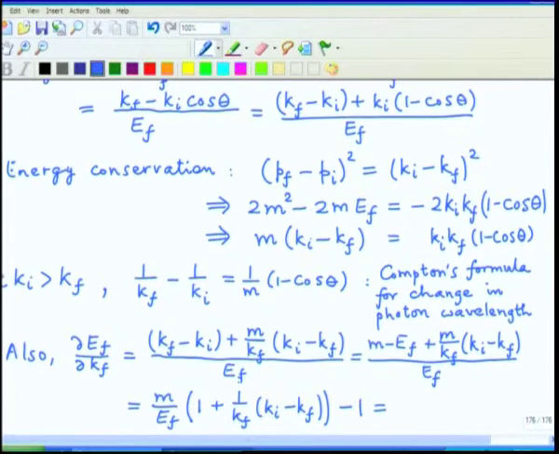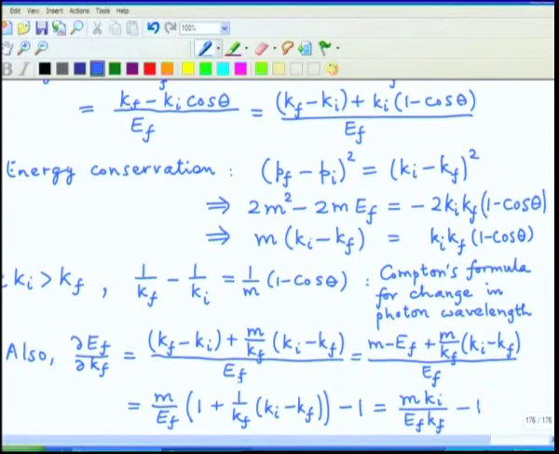So, the net result is, well, this k_f numerator and denominator also cancels with the 1 on the other side, and so the total result at the end of this whole jugglery is m k_i by E_f k_f minus 1.